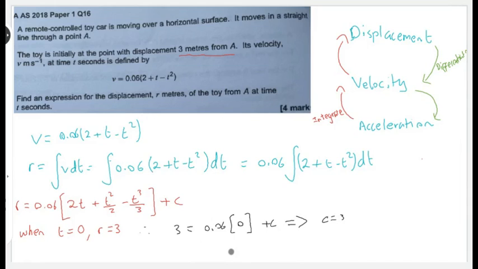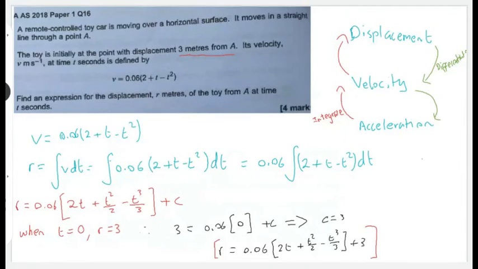So our expression for the displacement is r equals 0.06, open bracket, 2t plus t squared over 2 minus t cubed over 3, close bracket, plus 3. And that's our final answer.